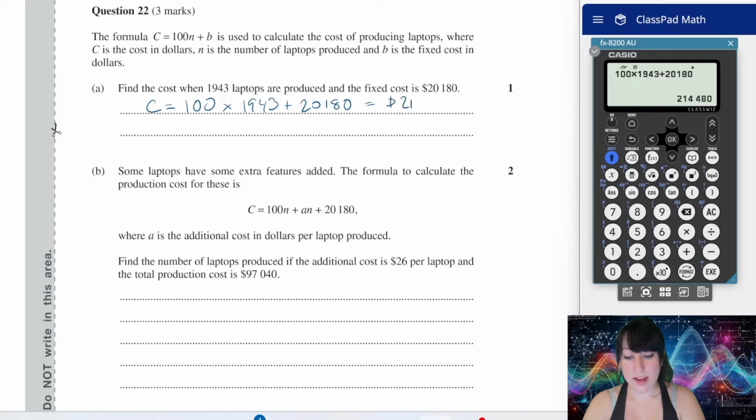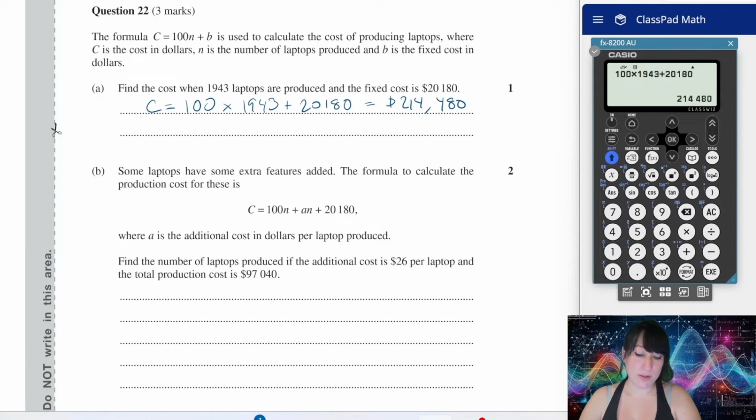That's $214,480. Next it says, some laptops have some extra features added. The formula to calculate the production cost for these is C equals 100N plus AN plus 20,180, where A is the additional cost per laptop produced.